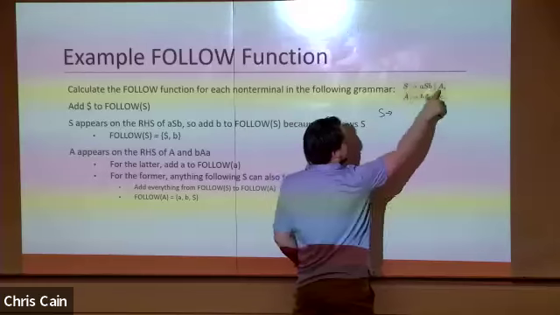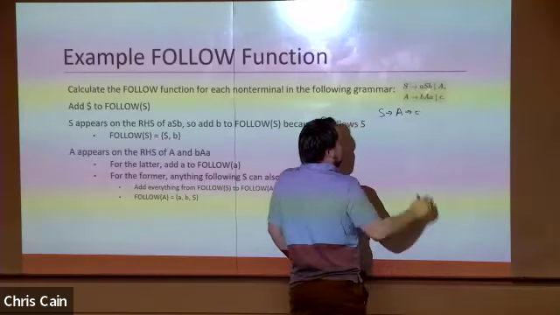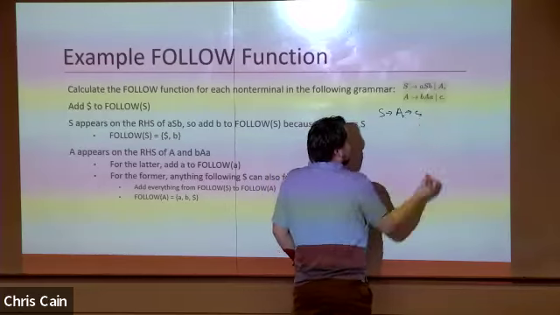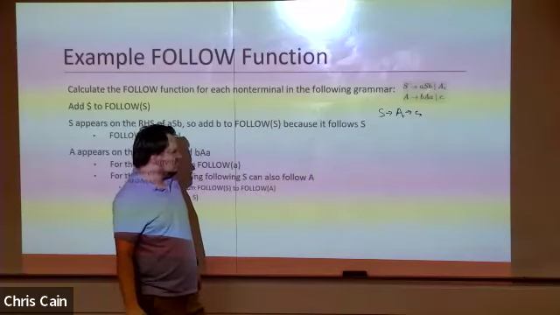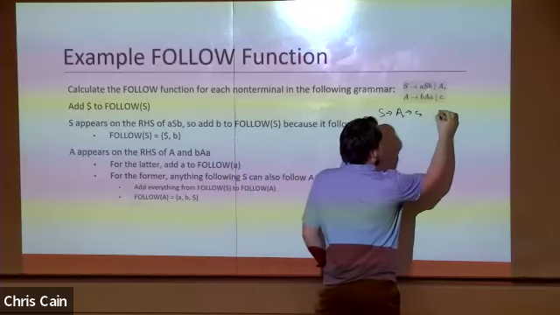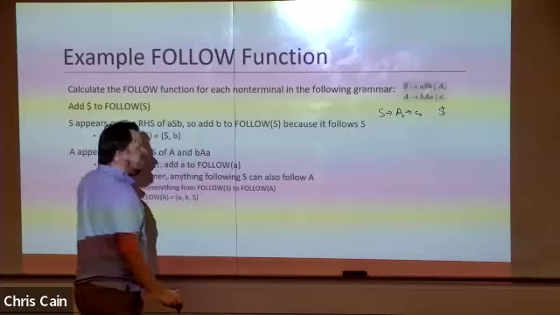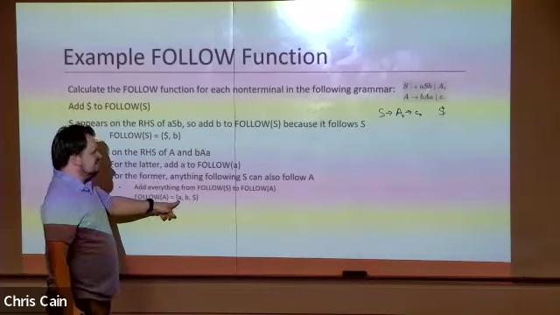Well, we just go straight to the A. So the expansion from this was the C. What followed this is what follows this, which is the end of the string. So that's the end of string example. Now, how could we get the follow being a?